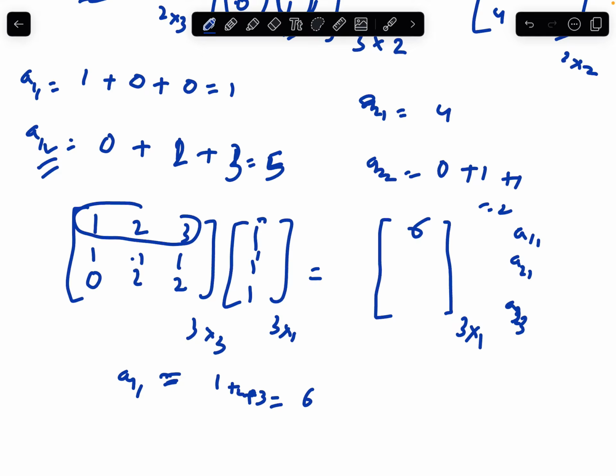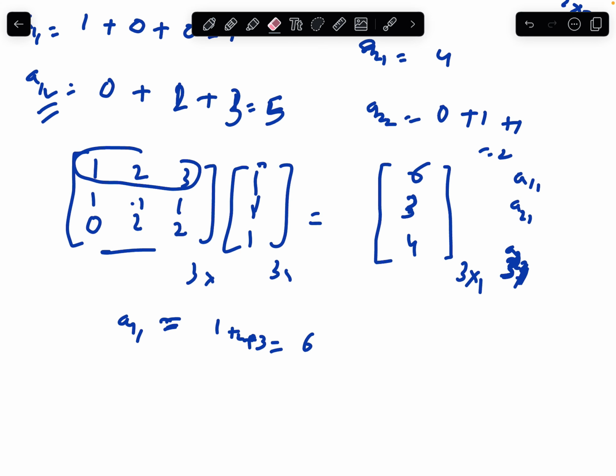A21, second row, first column, multiply pointwise. You get 3. A31, third row, first column. So you get 2 plus 2, 4, right? So it's really easy.